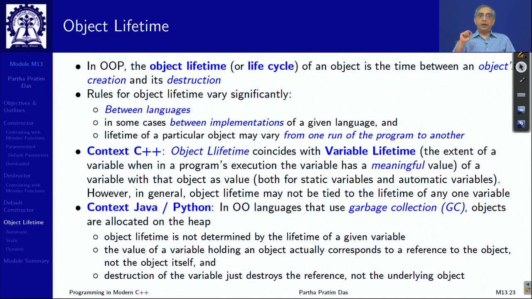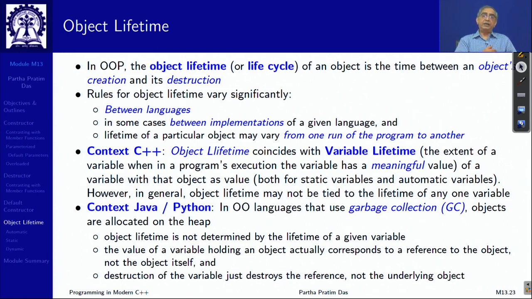But that may not be true again if you have dynamically created objects, because the variable which held, pointed to that object, may go out of scope, but you may have passed that pointer to someone else. So, you continue to have that object. So, the lifetime is from object creation to object destruction.